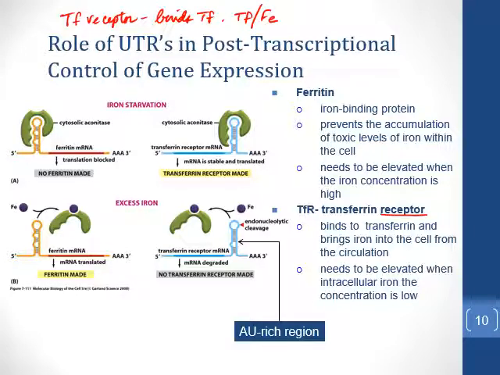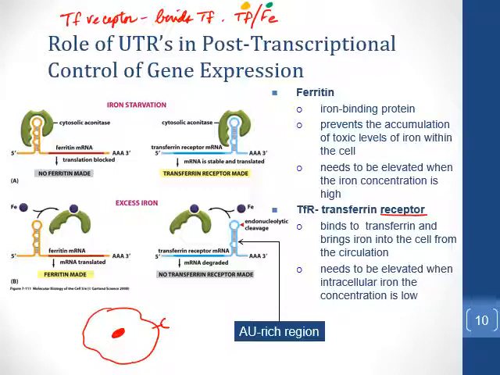Okay? So let's imagine we've got a cell down here. There's the nucleus. On the surface of that cell, we have a transferrin receptor. Okay? We'll say that transferrin is yellow, and we'll say that iron is green here.